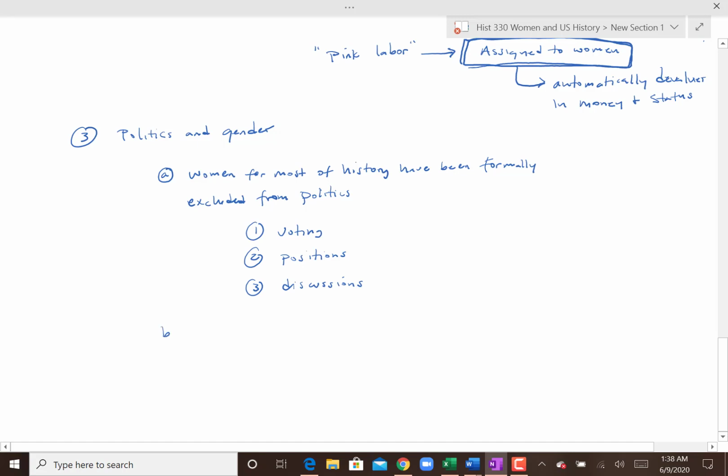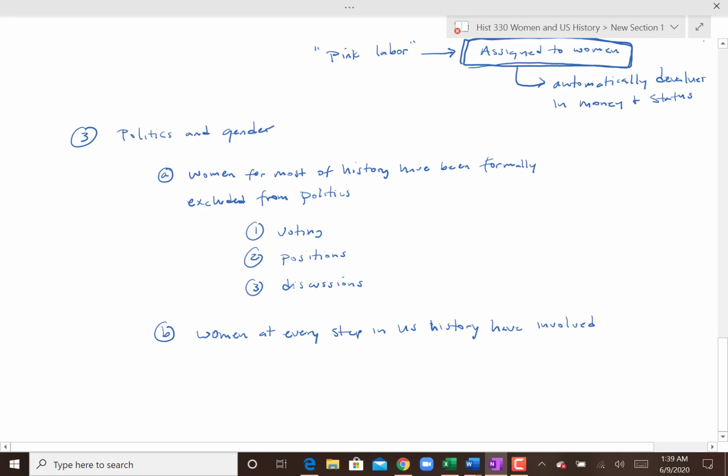Now, I say formally because while, yes, formally they have been excluded for most of history in these rights, in this participation, women at every step in United States history have been actively involved. So they may not have been formally involved where they were a senator or got to vote, right? But they were involved informally in pretty much everything.